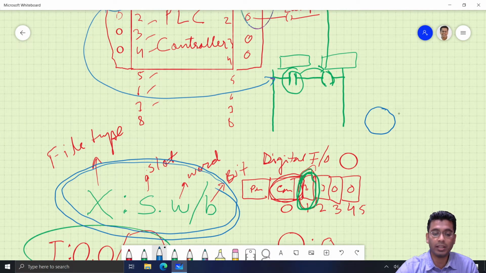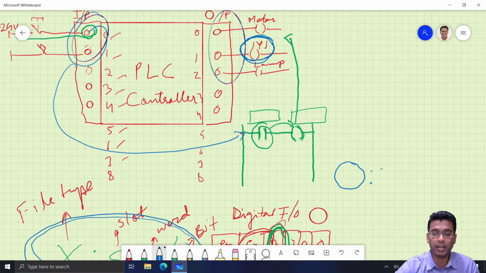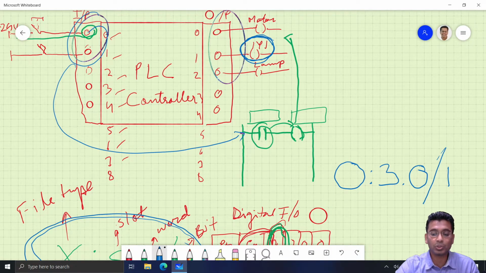O, and then you will be putting a colon, then the slot number. What is the slot number of this module? 3. So you will be writing 3.0 as your word address, /, what will come after that? 1. Very good. So this would be your output addressing for this.